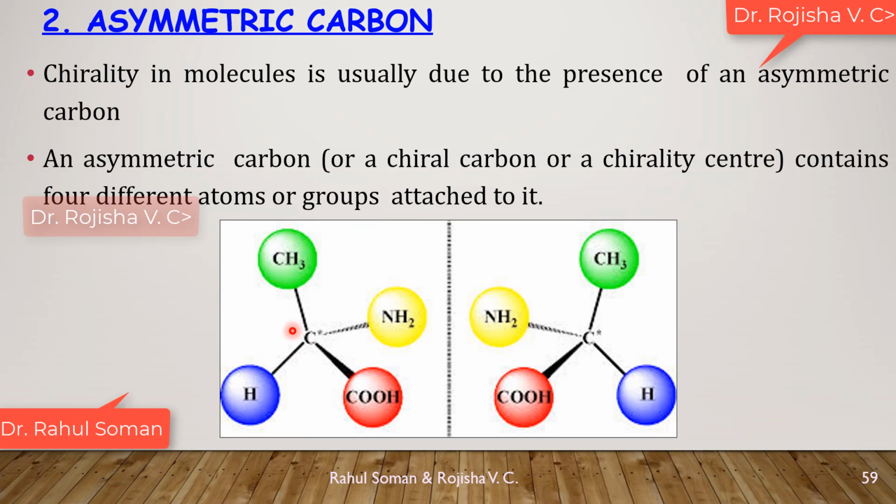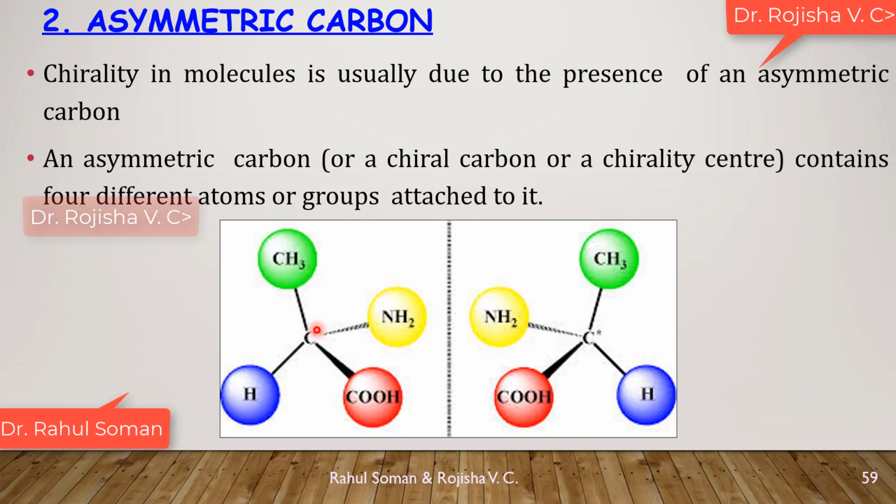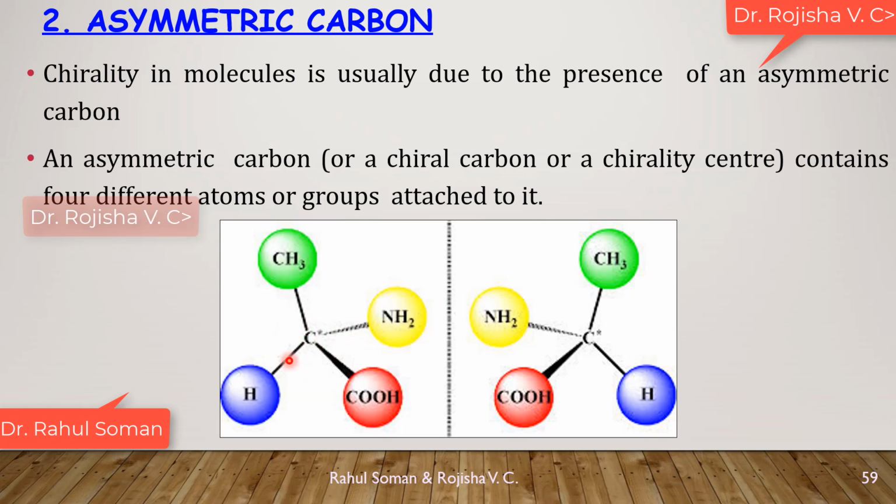Normally we have four substituents, and if all these four are different, it is said to be an asymmetric carbon. For an sp3 carbon where the four units are of different types, we can name that carbon an asymmetric carbon.